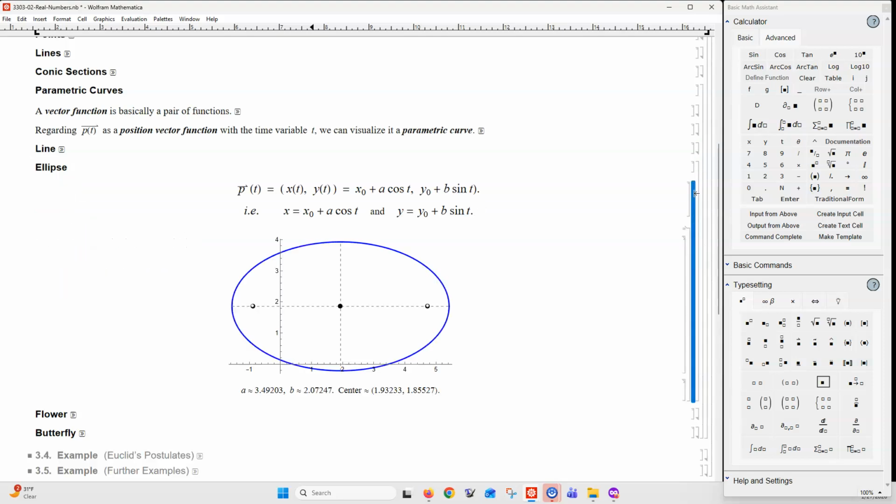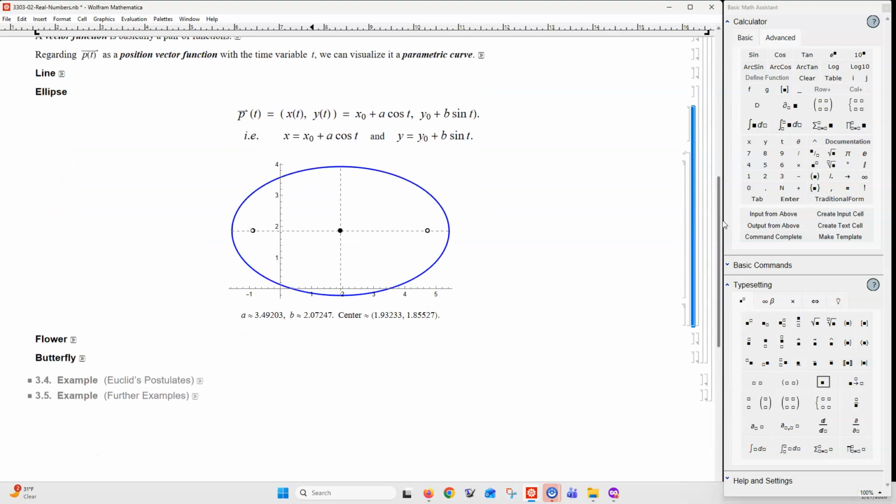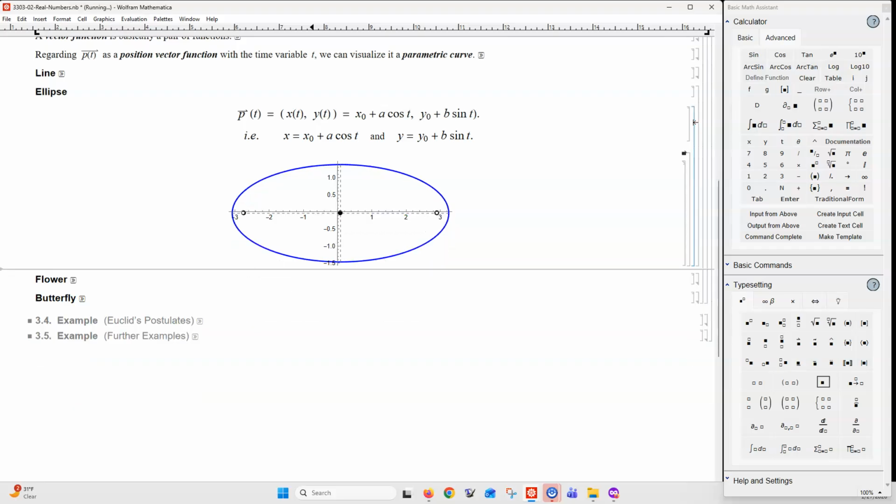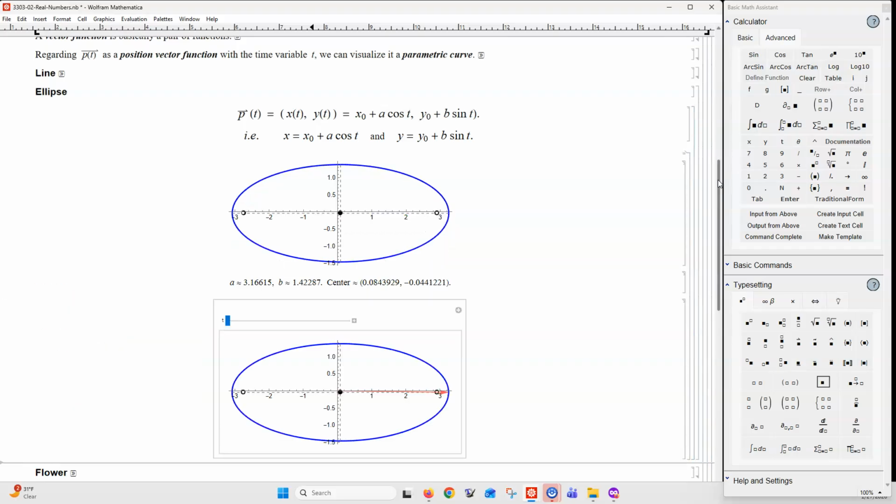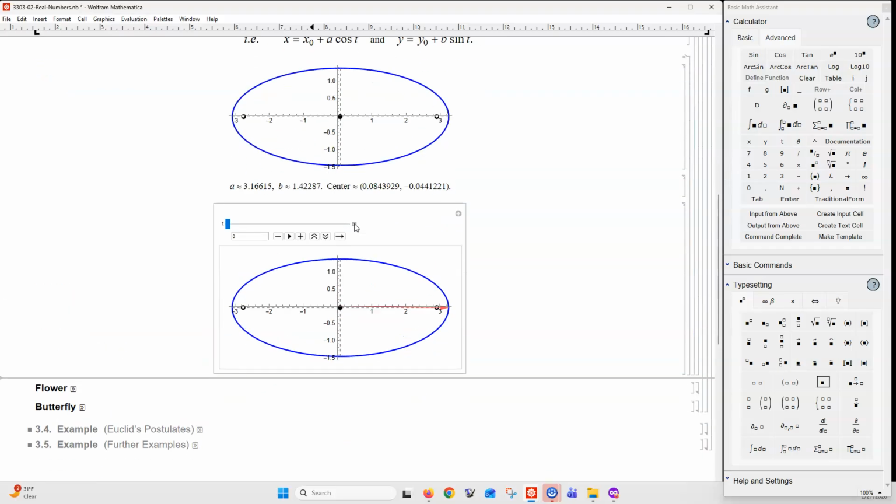How about this? Okay, we have some ellipse. a cosine of t, b sine of t, and apply the Pythagorean identity. Let's see. This way we get a parametric curve as a trace of a moving dot.